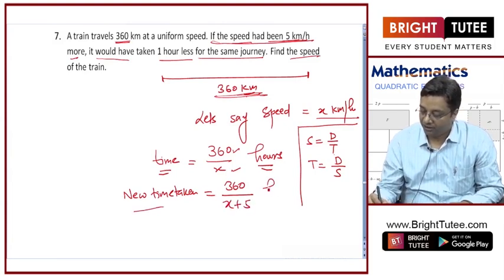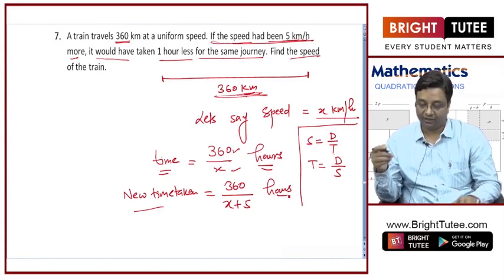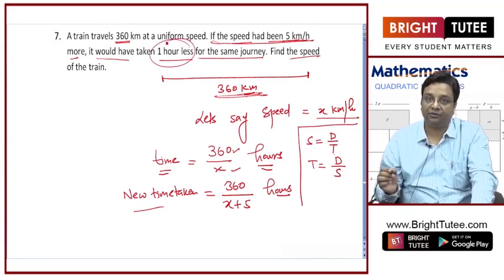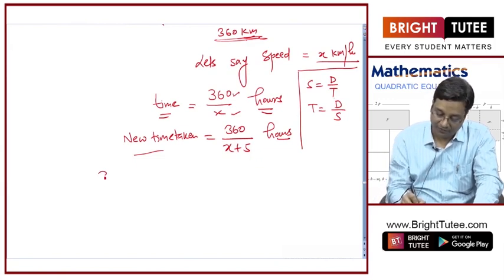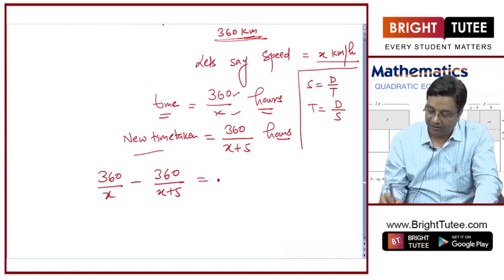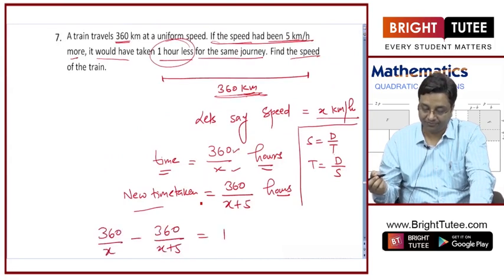New time taken would be 360 by (x plus 5) hours. Now this is 1 hour lesser for the same journey. So the difference of these two times, 360 by x minus 360 by (x plus 5), is 1, right? All the units are in hours.